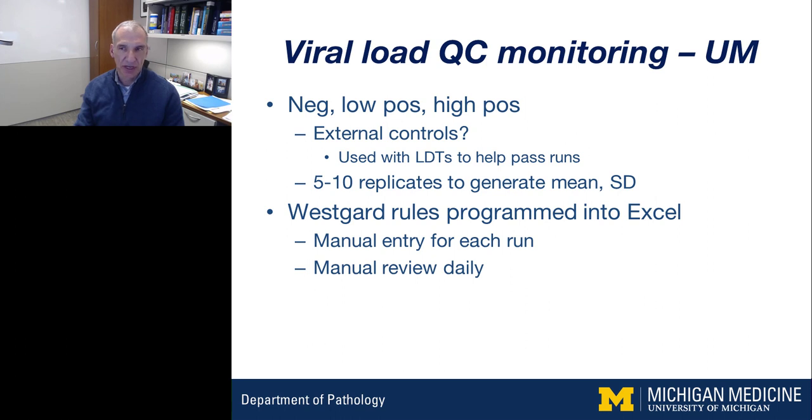But because of that, because we don't have external controls, we really don't have a good way to monitor assay variation over time or to make good lot-to-lot comparisons, except for using previous patients' positive and negative samples. So that's a manual effort as well to collect those and evaluate those.